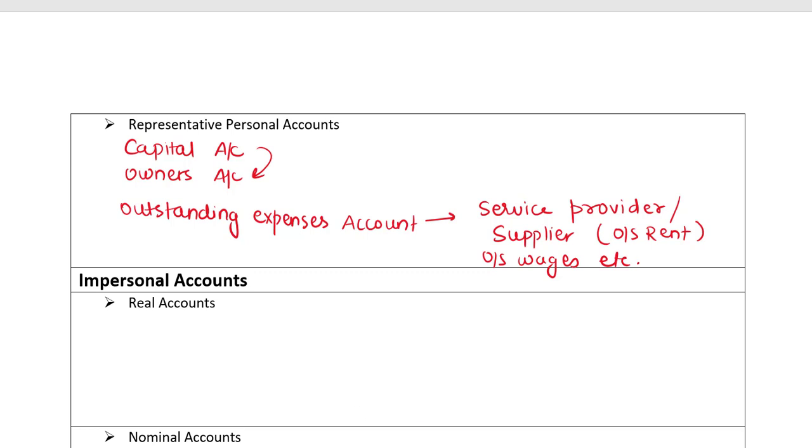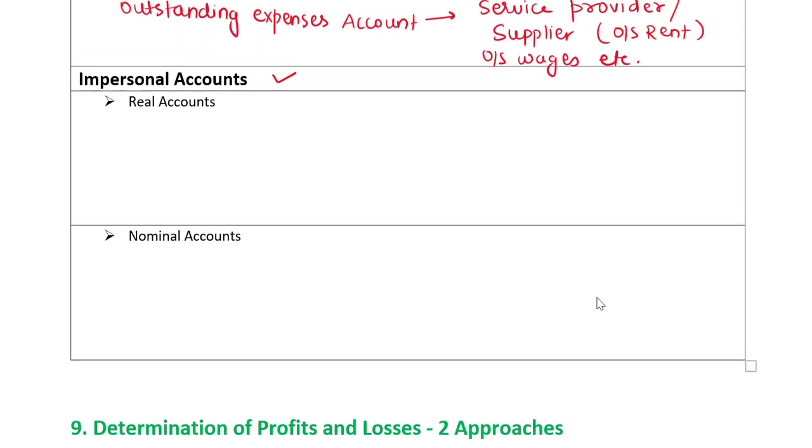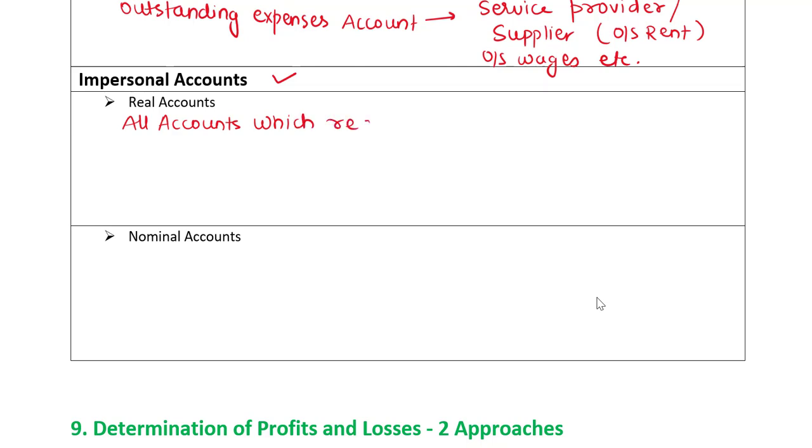The next account is impersonal account, and in that account the first is real account. What is a real account? So generally, all accounts which record transactions related to the assets of the company, whether that asset is a non-current asset or a current asset, are known as real account. Kindly take the notings. All accounts which record the transactions relating to what?